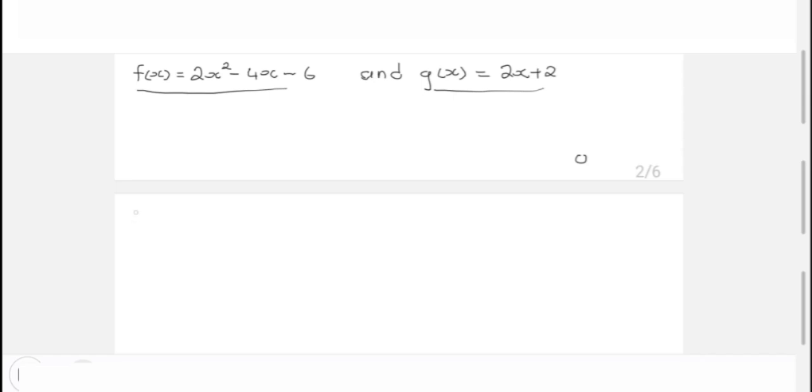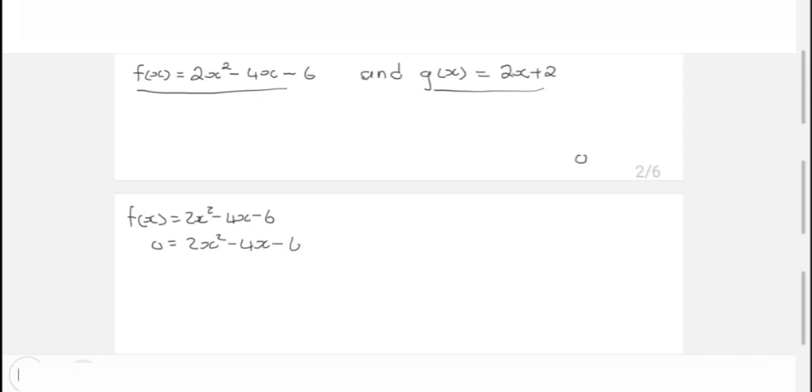So to do that, we're going to say f of x is equal to 2x squared minus 4x minus 6, and then we're going to say 0 is equal to 2x squared minus 4x minus 6.